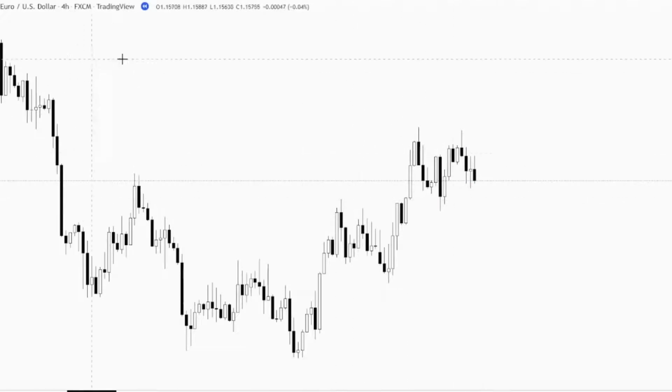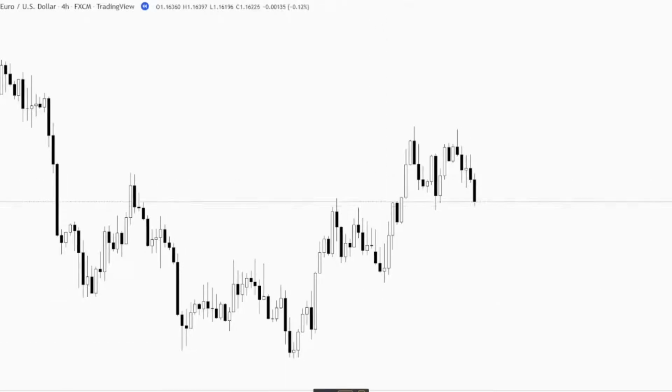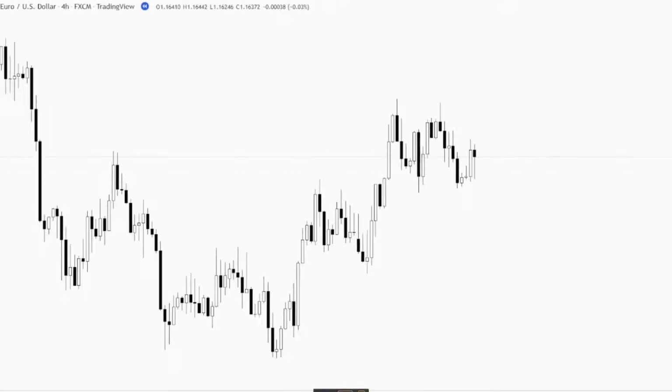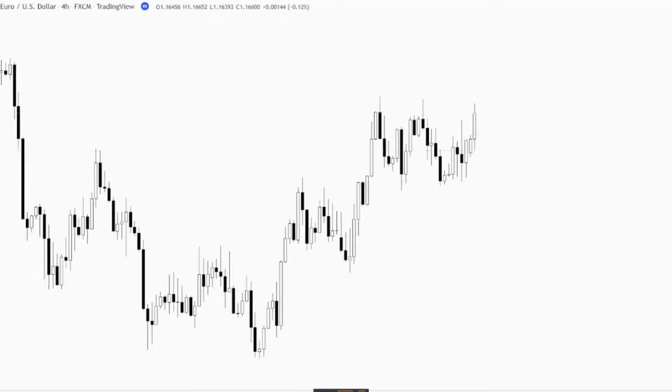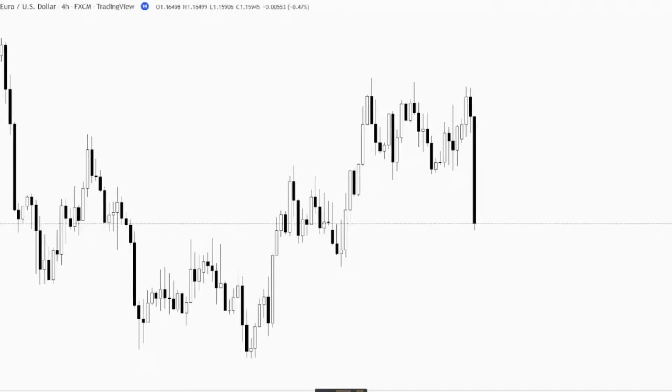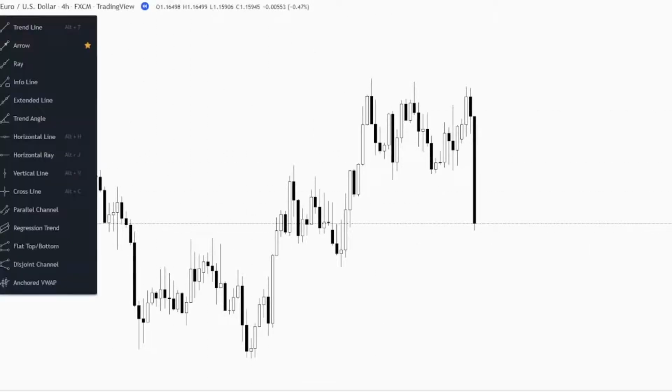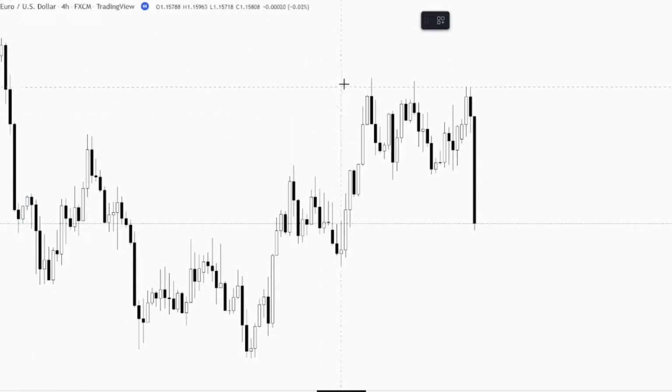Now here we are on a Euro US dollar 4 hours chart, and we have a market that is creating areas of equal high, and we'll just watch to see what happens in that area. Now you see that the market is creating this area right here.